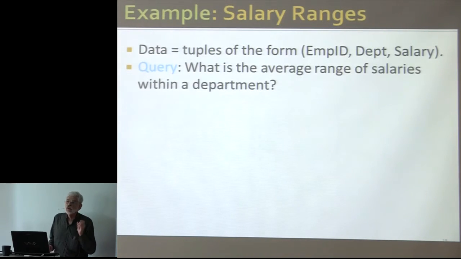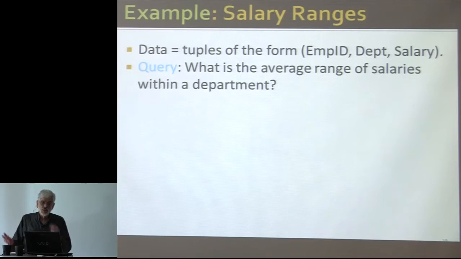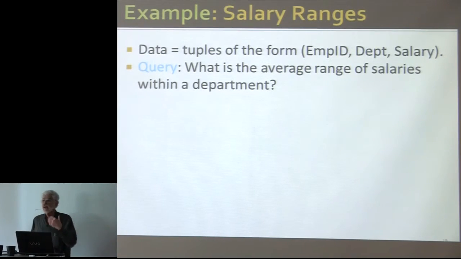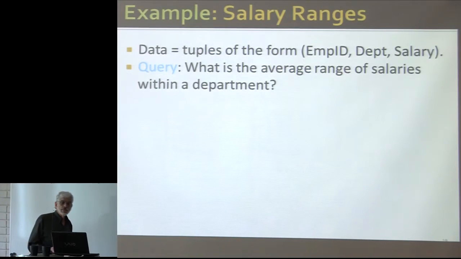And the query I want is, what is the average range of salaries within a department? That is, for each department, there's someone getting the lowest salary and somebody getting the highest salary. Take the highest minus the lowest. That's the range for that department, and I'd like to average that out over all departments.